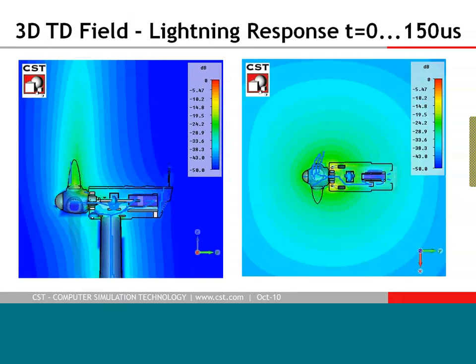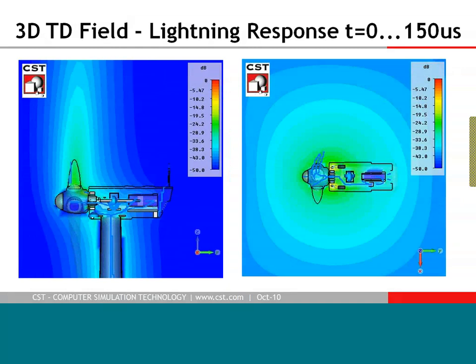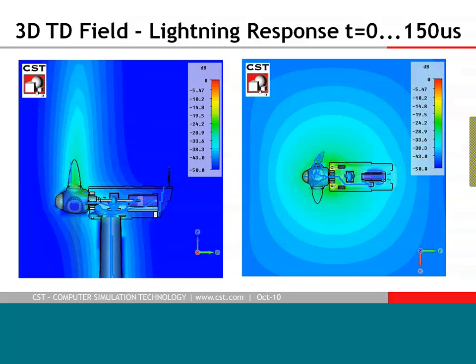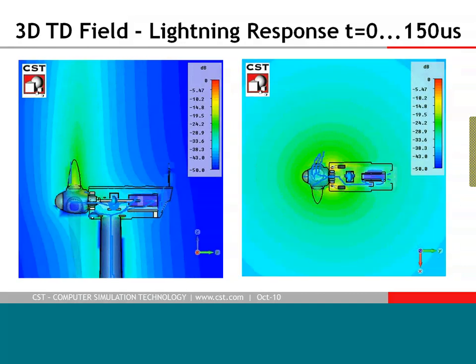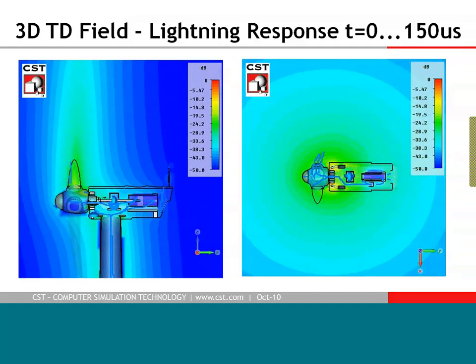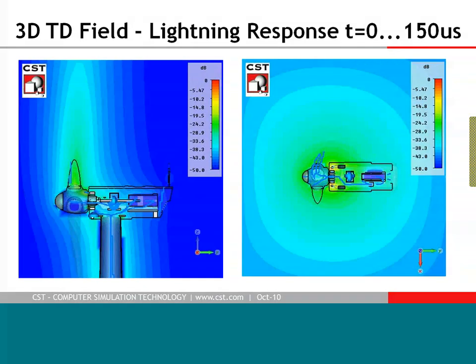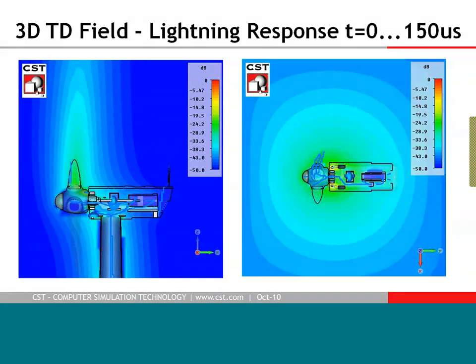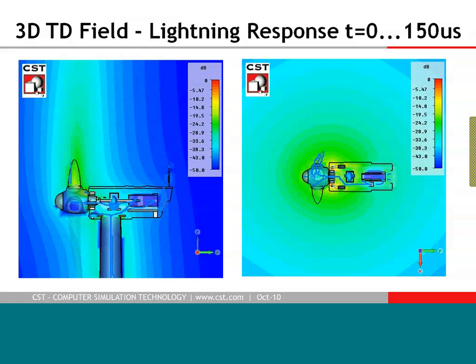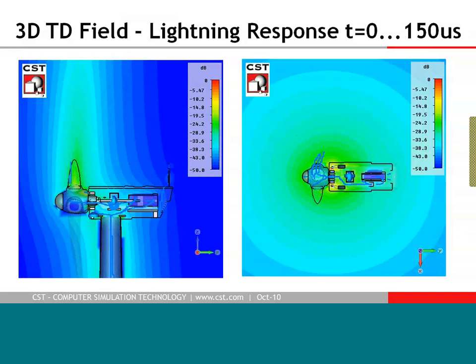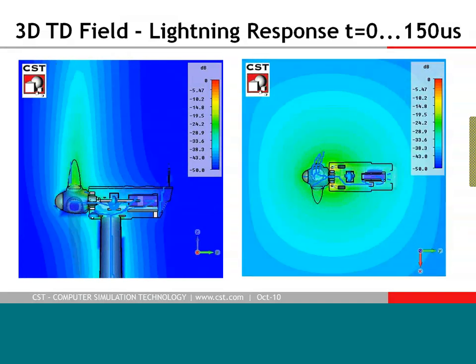A time domain field, like in this case where we see the lightning strike from 0 to 150 microseconds roughly, can easily help you understand the coupling mechanism, so how the field is coupled into your device under test, or into the wire or other points. This is an extremely useful feature of every 3D electromagnetic tool, especially in the time domain, as it really describes what's happening there.